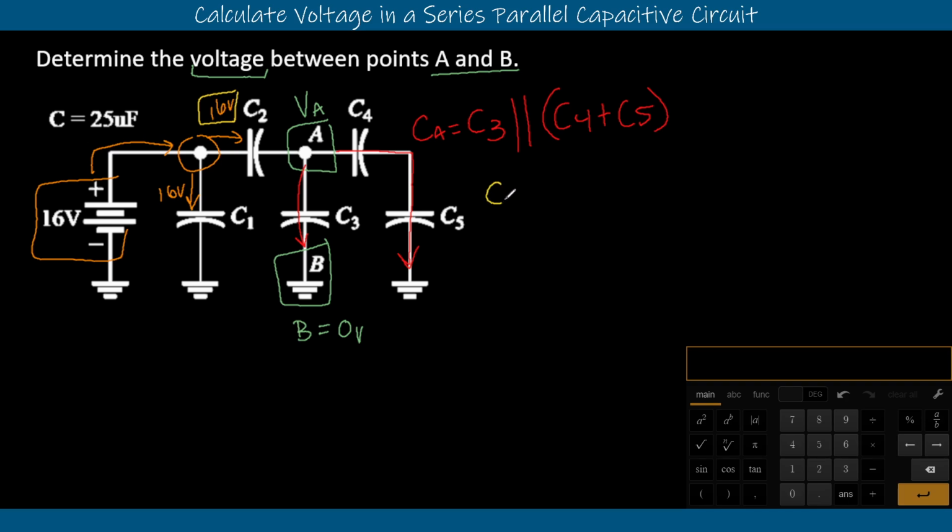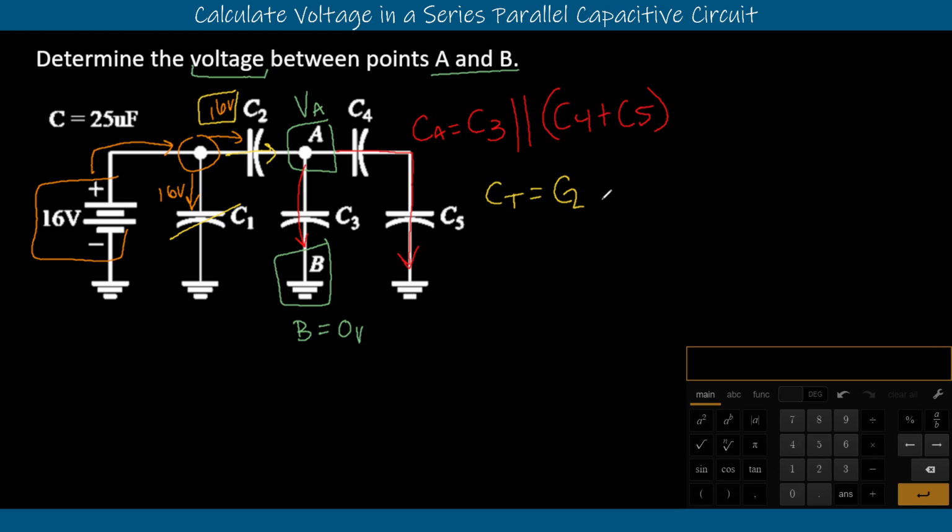We'll say that our CT, ignoring the fact that C1 gets a voltage, because that's not the voltage we're dividing into, from our perspective is equal to C2. We have no choice but to go through C2 to make it to the next stage of the circuit.